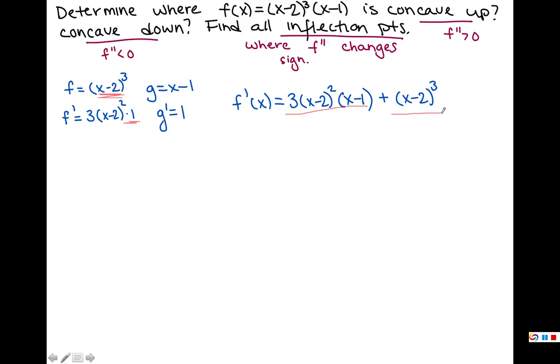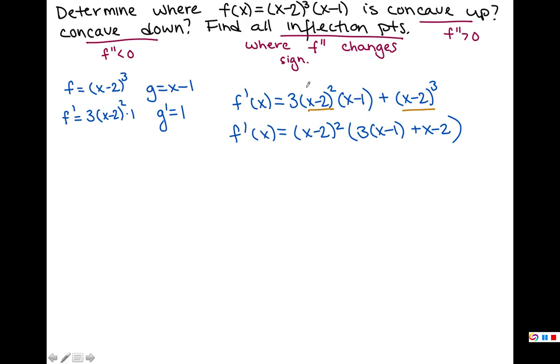And now I'm going to have to find my second derivative. And I think I might do a little bit of algebra to this first derivative just to make finding that second derivative a little bit easier. And so the algebra I've done is I've decided to factor. So this is still my first derivative.